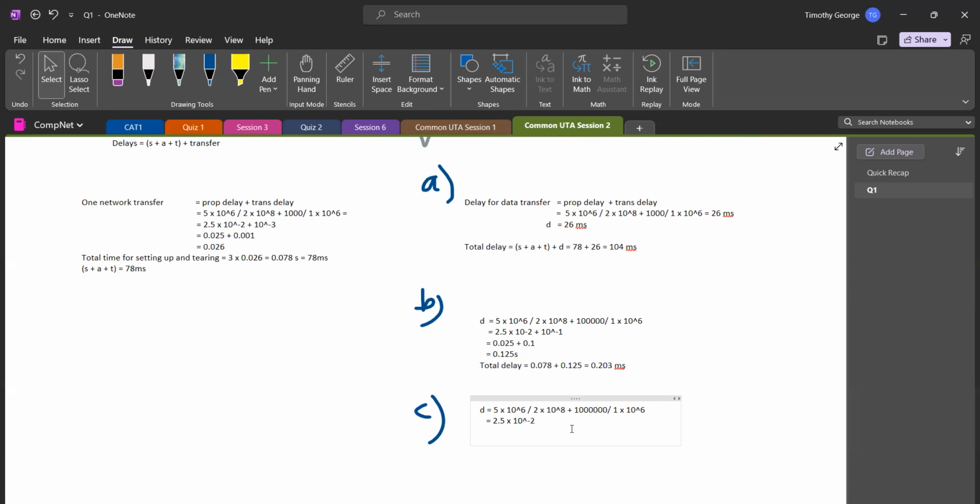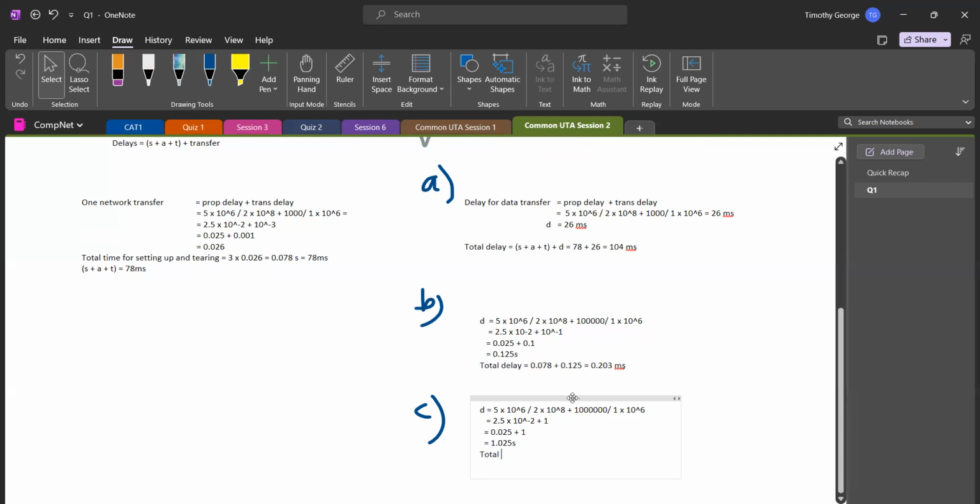plus how much? So here we have 10, you have 1 million divided by 1 million, it's going to give you 1. How much is that? So 0.025 plus 1, 1.025 seconds.